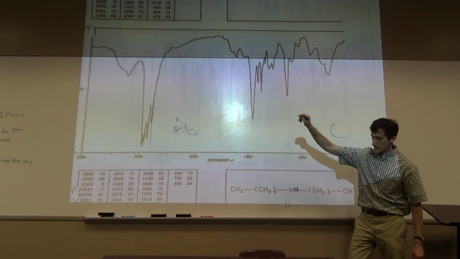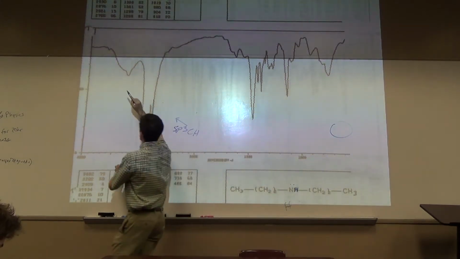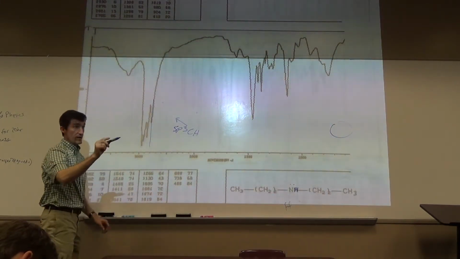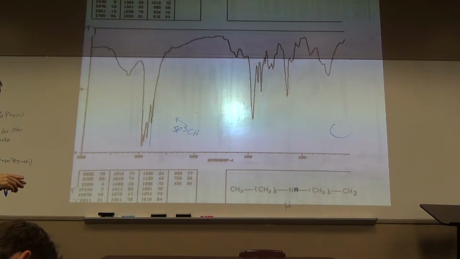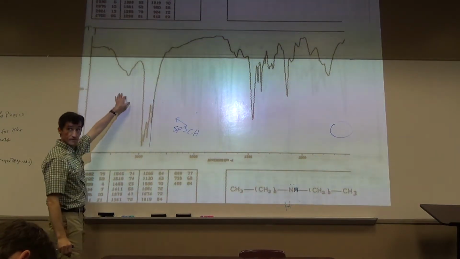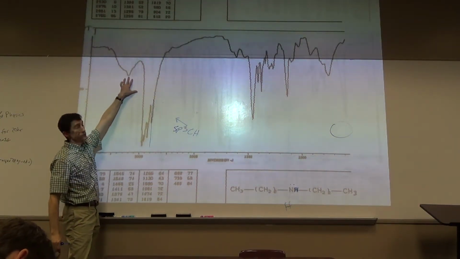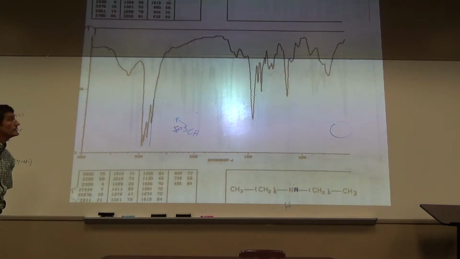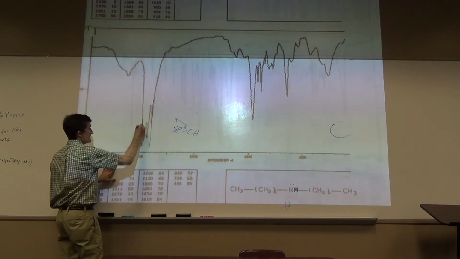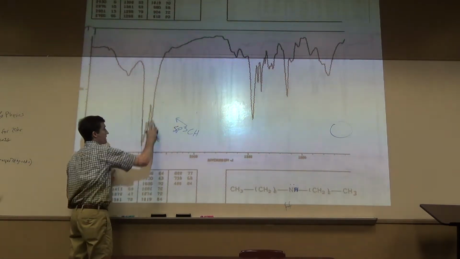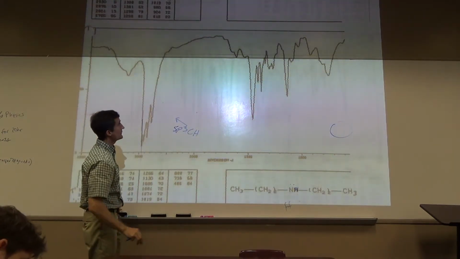One NH, see it over there. This one is, for some reason, a little broad. That could be some hydrogen bonding that broadens the peak. Well, it looks like a little cow udder. Okay? Comes down to a point there. That's your NH peak. And then what do we got here? Okay, sp3 CH, and the rest fingerprint.